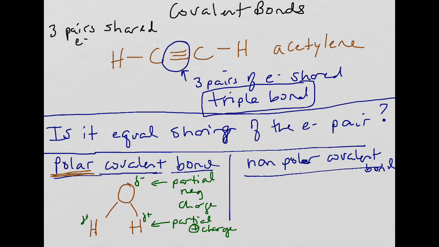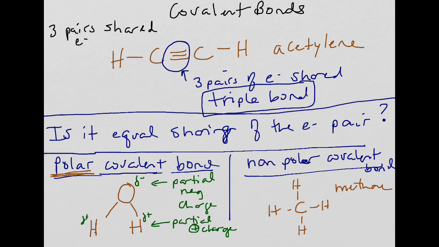Now our nonpolar covalent bonds, with the nonpolar covalent bonds, you want to look at something like this guy, which I've drawn before. Again, I hope when I draw him, you go, aha, that is methane.